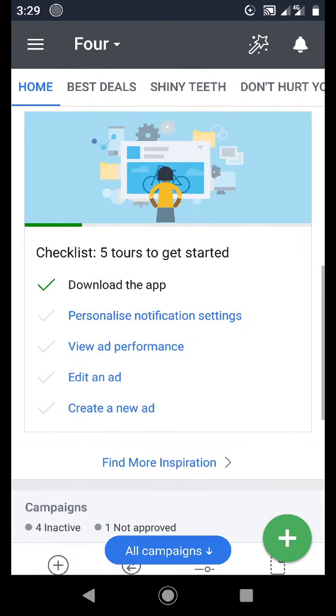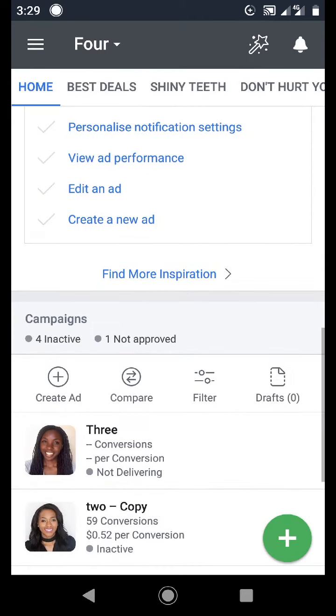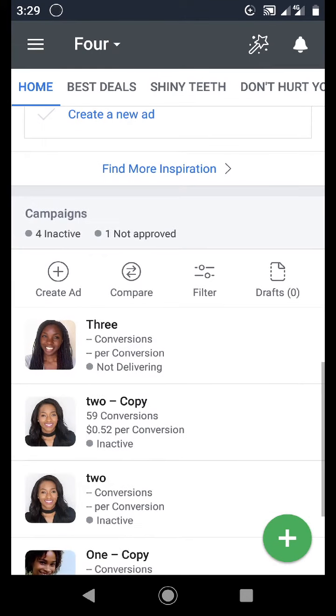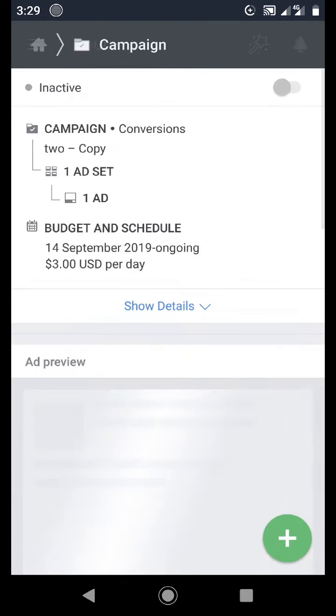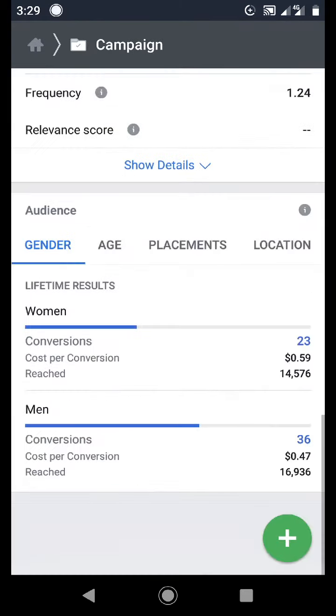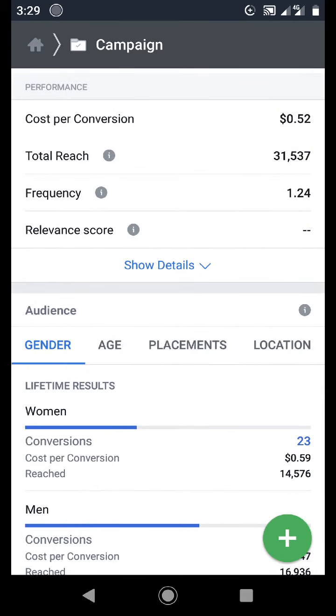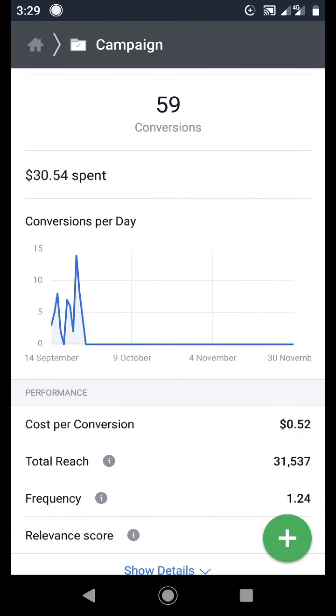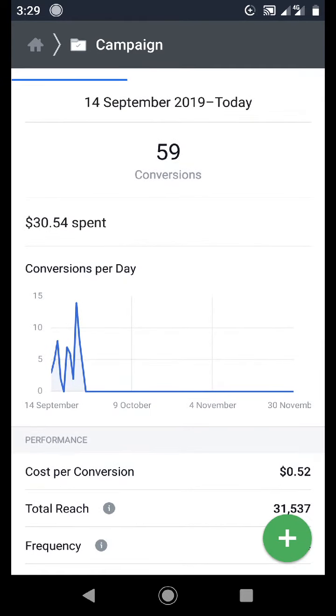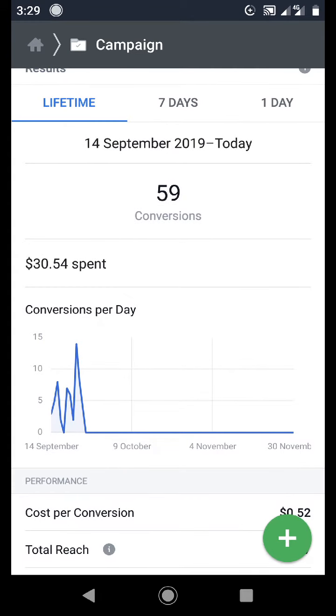So I'm going to be showing us the importance of using a good image in your campaign. And to further explain, I'll be making use of a campaign that I did some time ago for someone.